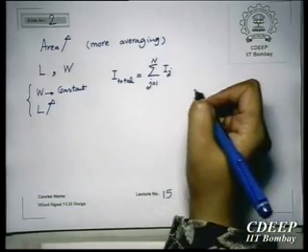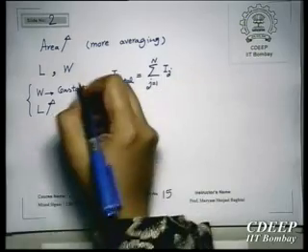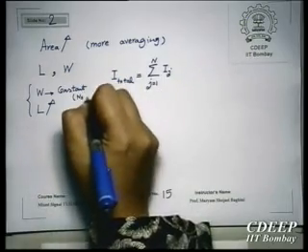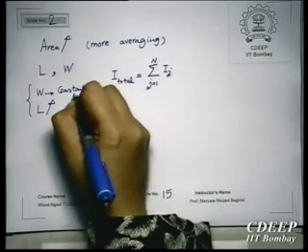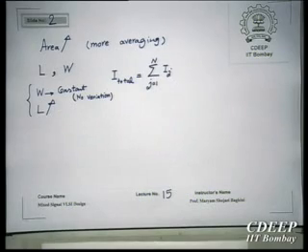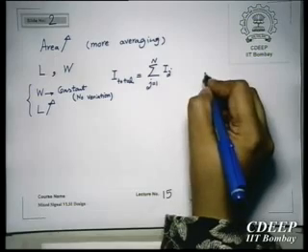The point is that suppose W is constant, meaning no variation, but L observes some variation. When L observes some variation, what does it mean?